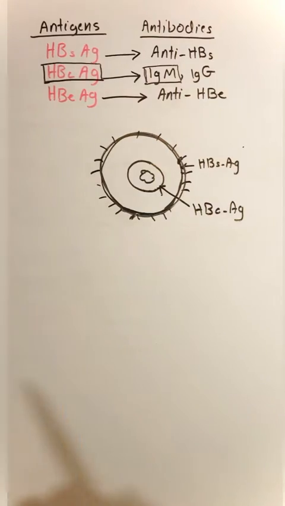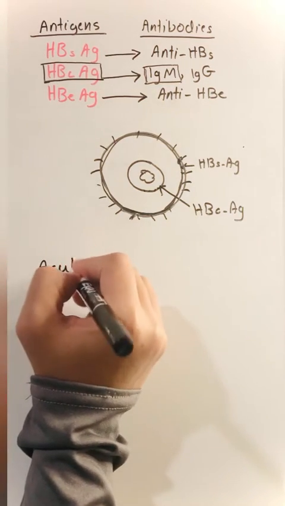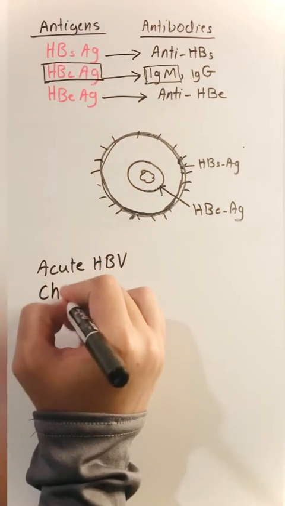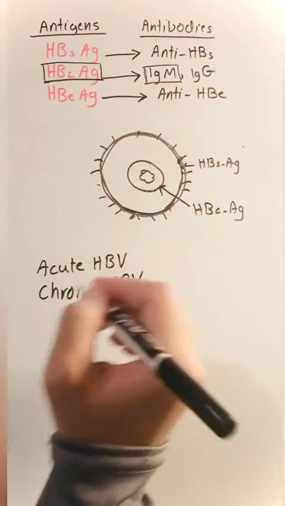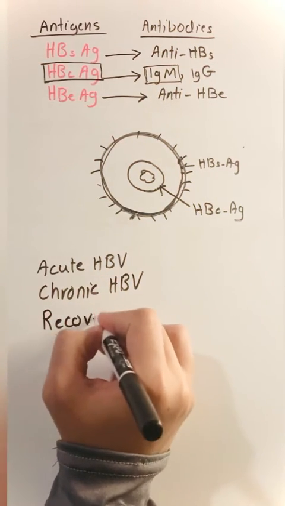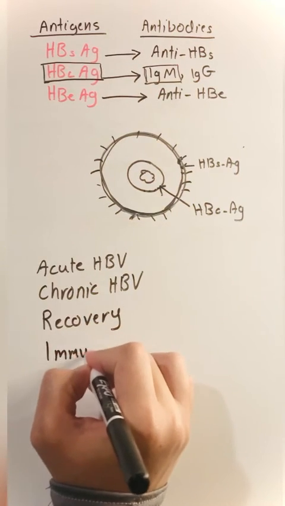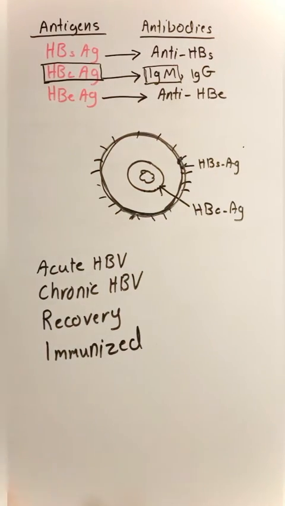Okay. To know if somebody has an acute infection, chronic HBV, if they're in the recovery period, or if they're just immunized, we will have to take a look at the antigens and the antibodies.